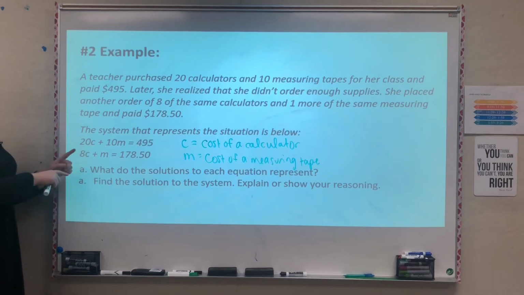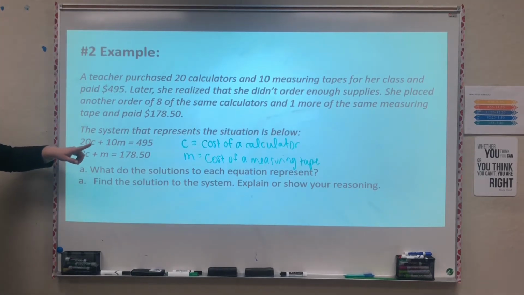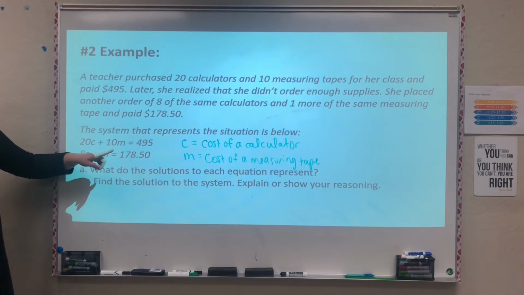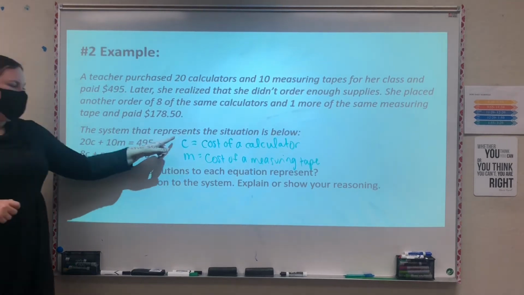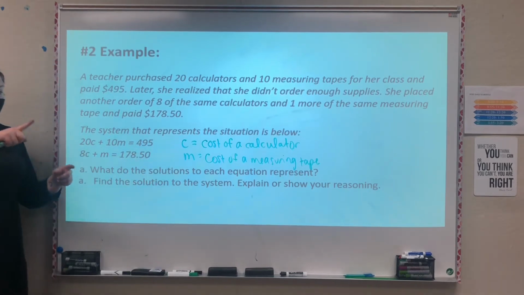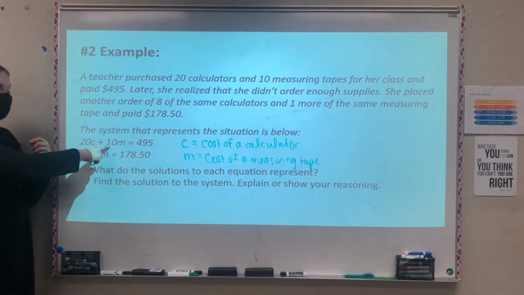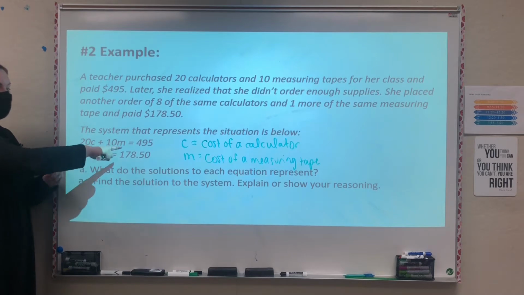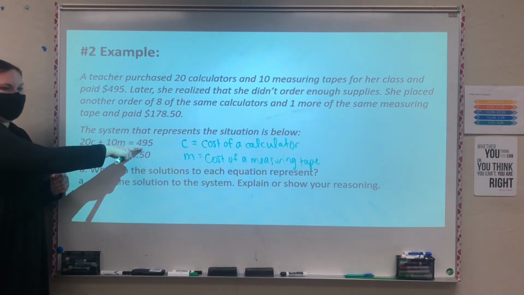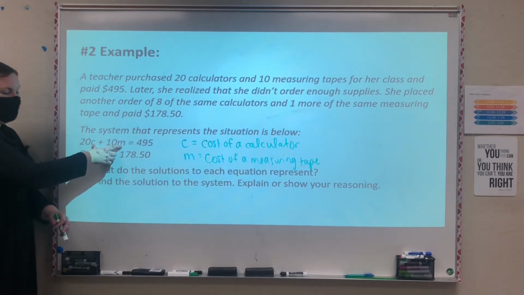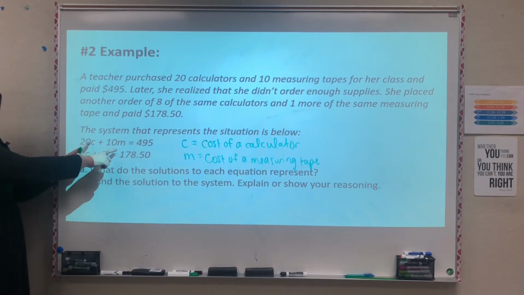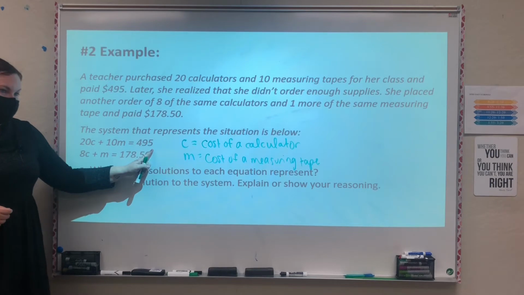But are we already given the price of buying that many? No. So you're also finding the price for one of each. We're finding the price of one of each, but the total cost of 20 calculators and 10 measuring tapes, you already told me earlier, is the $495. So for it to be a solution just for this equation, it's giving us the possible price of each of these so that the total price comes out to be $495.